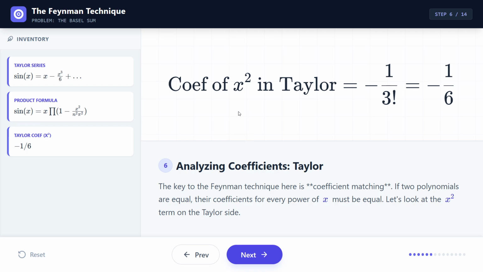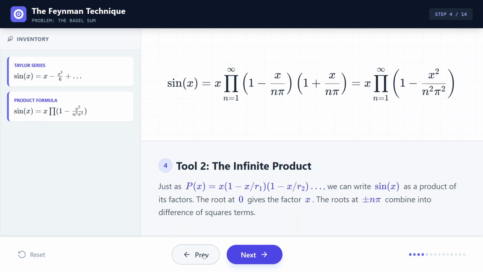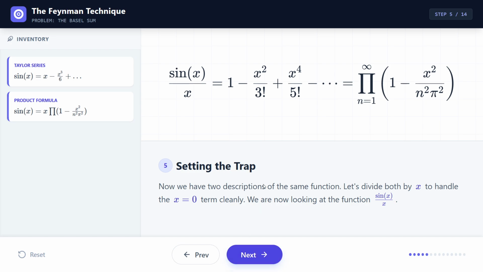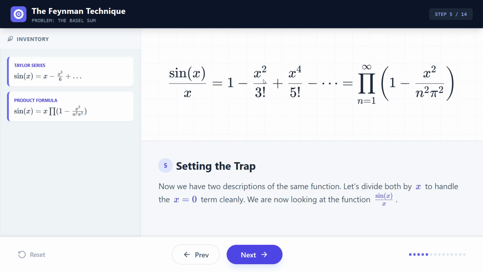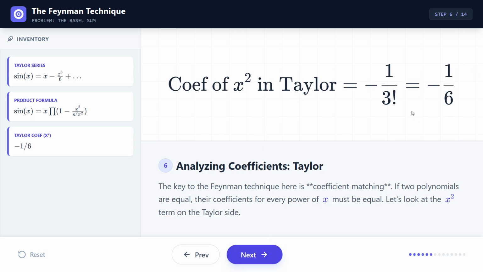Let's take a look at the coefficient in front of x squared in our Taylor series representation. What did that look like? Well, this is the Taylor series representation, and it keeps going on forever. And you'll notice that the only thing that contains an x squared is this. This is the x squared term, and its coefficient is negative 1 over 6.